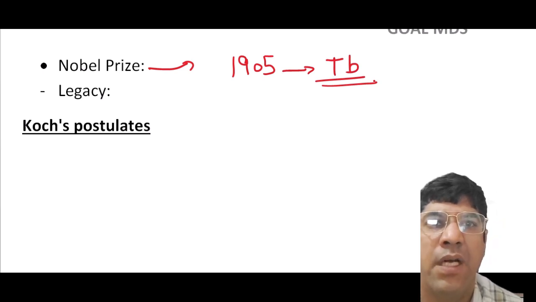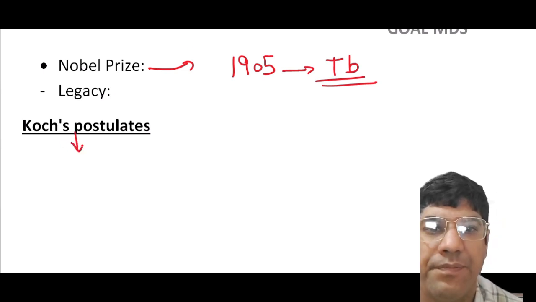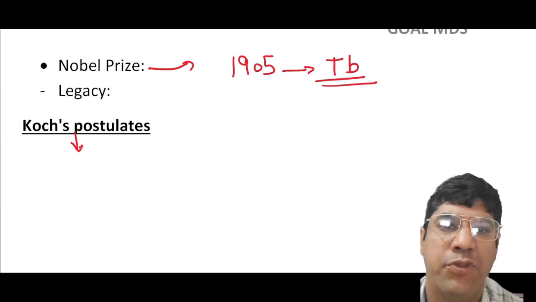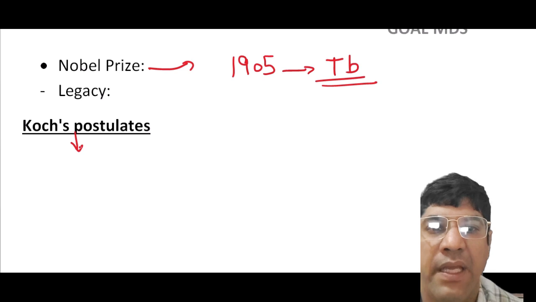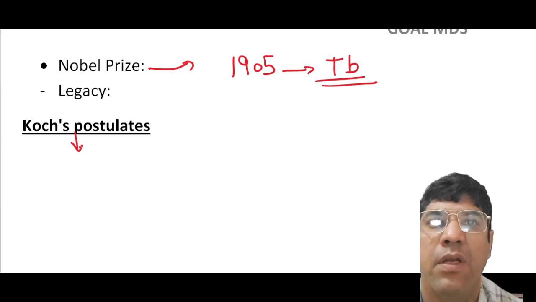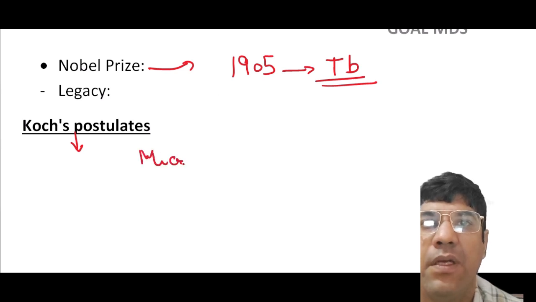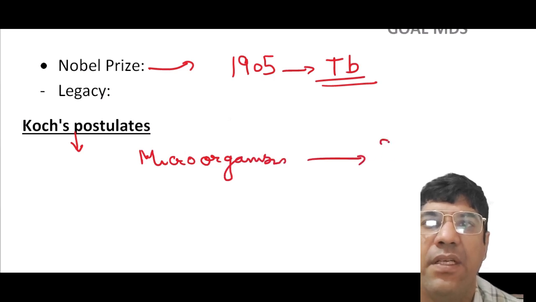Now, what are the Koch postulates? Koch postulates are just a set of principles that are used to determine if a specific microorganism is the cause of a particular infectious disease.